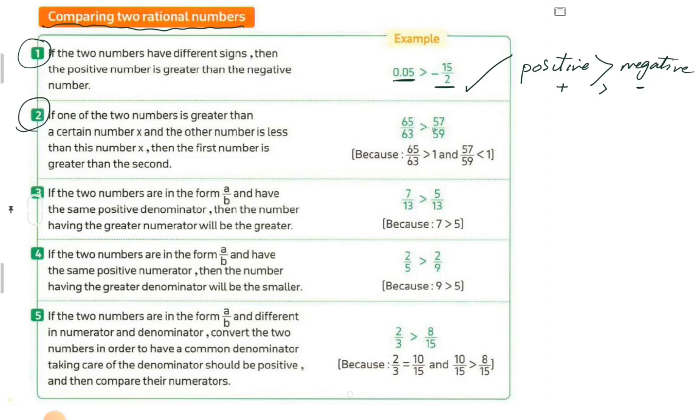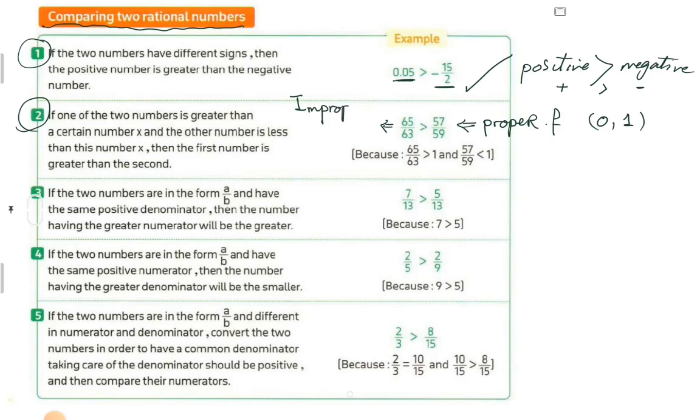Number two, if we have two rational numbers like 65 over 63 and 57 over 59, how to compare? Note with me, 57 over 59 is a proper fraction. What's the meaning of proper fraction? A proper fraction is in between 0 and 1. But 65 over 63 is an improper fraction.